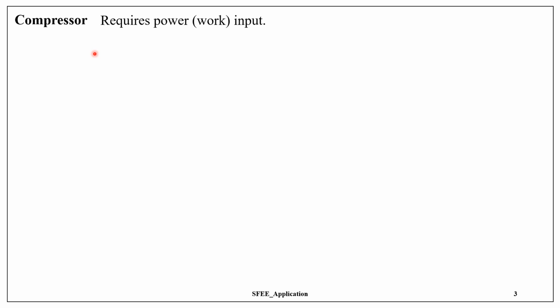So that energy is the work input. The question obviously is how much work input is required by the compressor. That we are going to derive using steady flow energy equation.